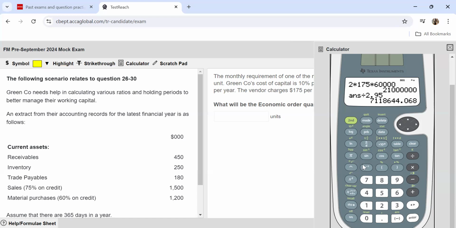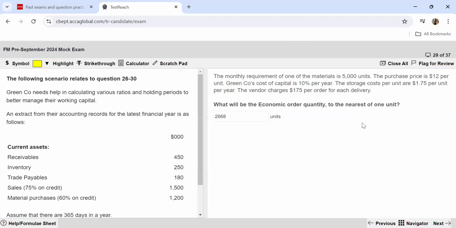Where is the under root? Or I can simply raise it to the power of 1 by 2 also. That should give us the same answer. So you get 2668 as your final answer. These are the number of units as per the EOQ model.